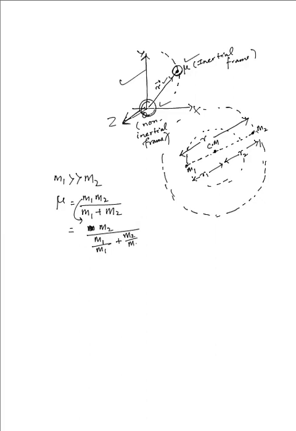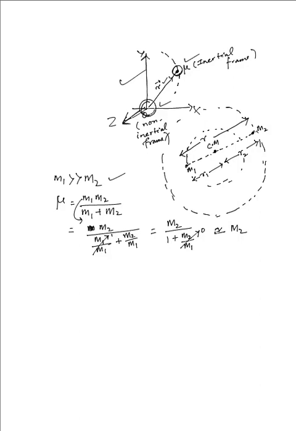Well, this thing cancels out, and what remains is m2 divided by 1 plus m2 by m1. Now 1 plus m2 by m1, the m2 by m1 just reduces to nearly zero because m2 is very small compared to m1, and that is why what you are left with is m2 divided by 1, which is nearly equal to m2.